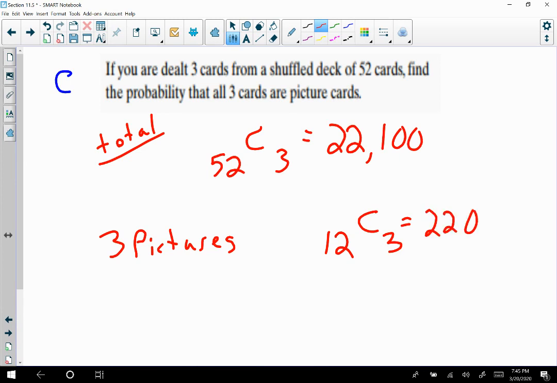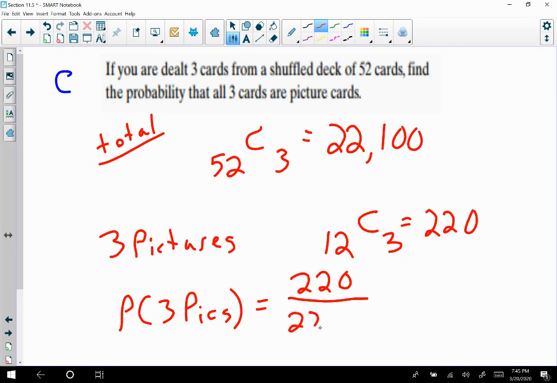All right. All we do now to find the probability of 3 picks, take that 220, slap it over the 22,100, and let the calculator do the reducing.